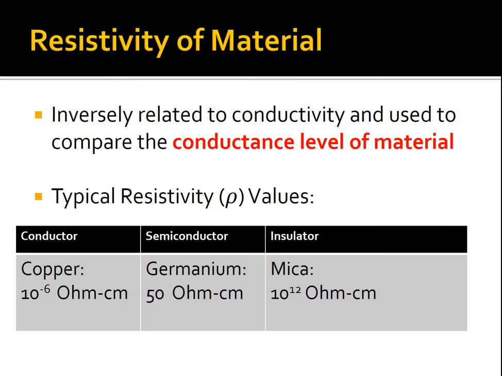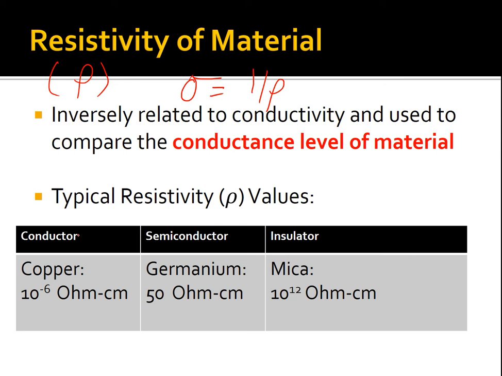The properties of materials are defined by the conductivity or resistivity of the material. We usually represent resistivity using rho and conductivity using sigma, so sigma is 1 over resistivity.